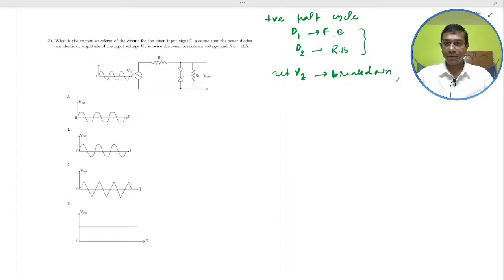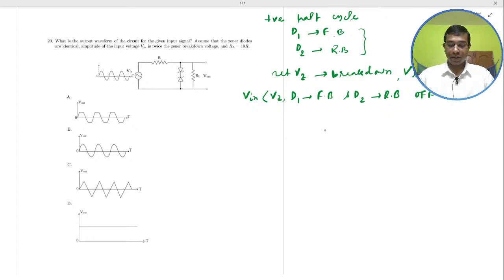That means Vin is less than VZ, diode 1 is in forward bias, and D2 is in reverse bias. The Zener is not in breakdown region.